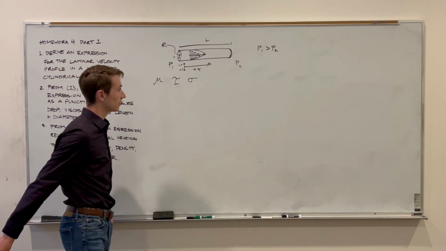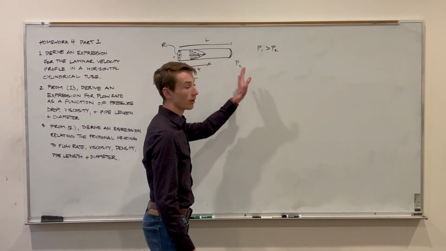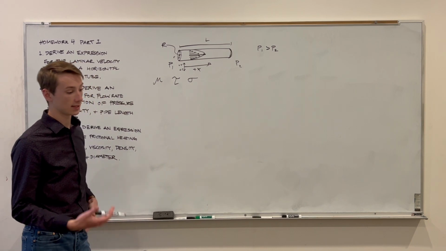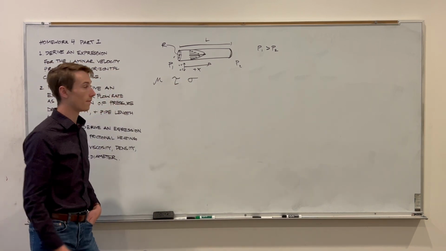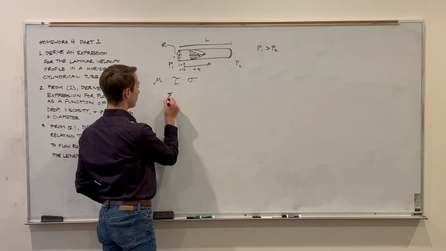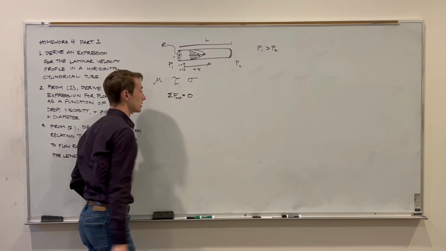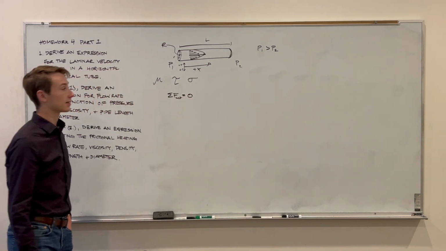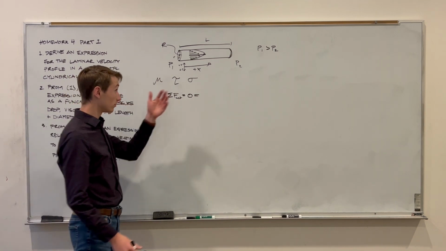So, like I said, the velocity, although it's changing across the radius, it's constant throughout the length of the tube, which means it's not accelerating, which means the net force on this fluid inside the tube is 0. Okay, so we have the net force is equal to 0. So what forces are acting on this? Well, you have the forces due to the change in pressure, right?